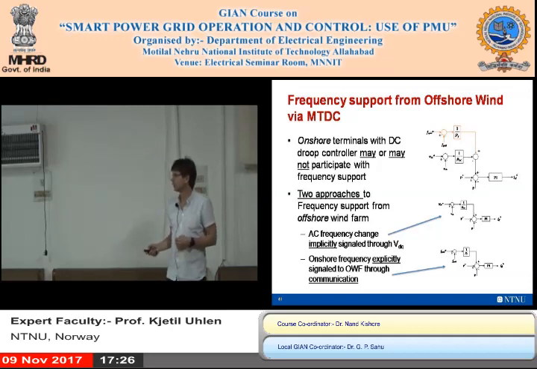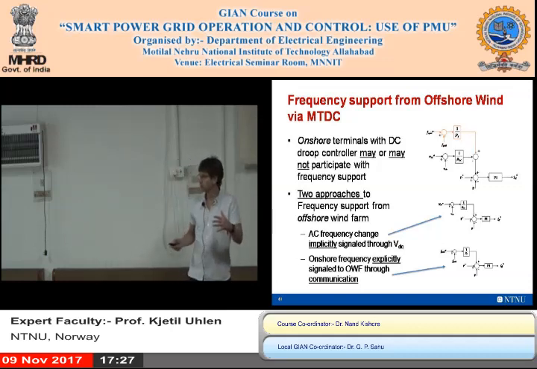It could depend on explicitly signaling information about the frequency in the onshore grid through communication. One solution is based on the AC frequency change implicitly through the voltage droop of the DC grid.